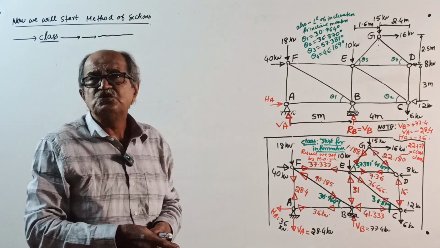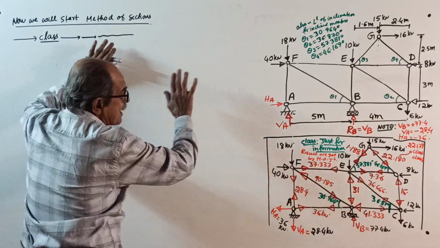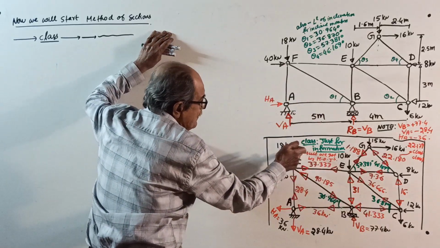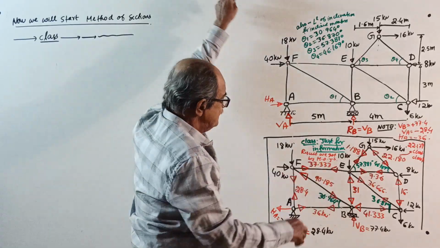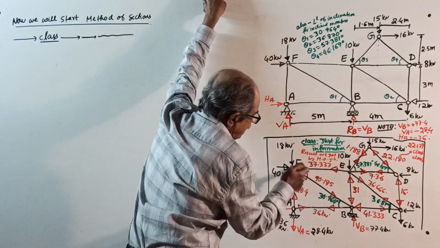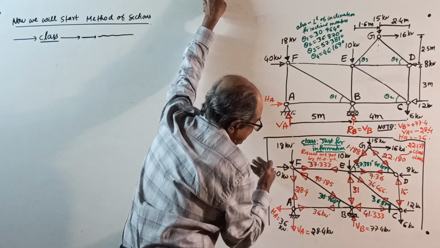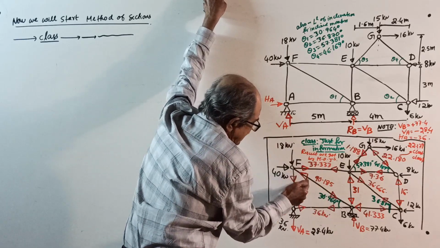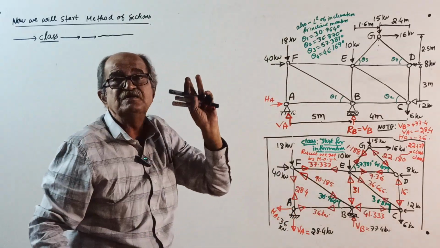So when you solve an independent question by the method of sections, where the result is not available from the method of joints... if the result is available from the method of joints, suppose you cut here, for this side, you consider these arrow marks coming to our side. I will explain that later.